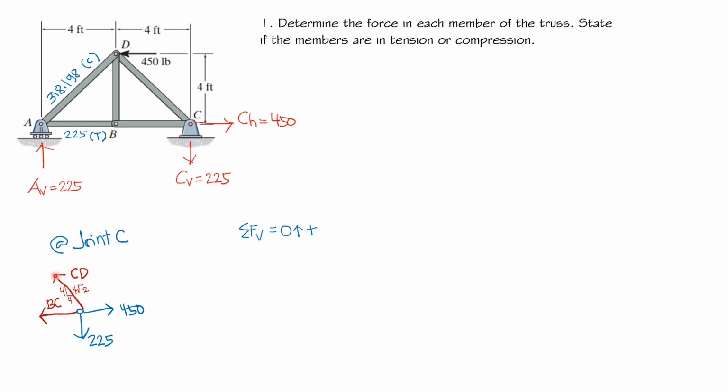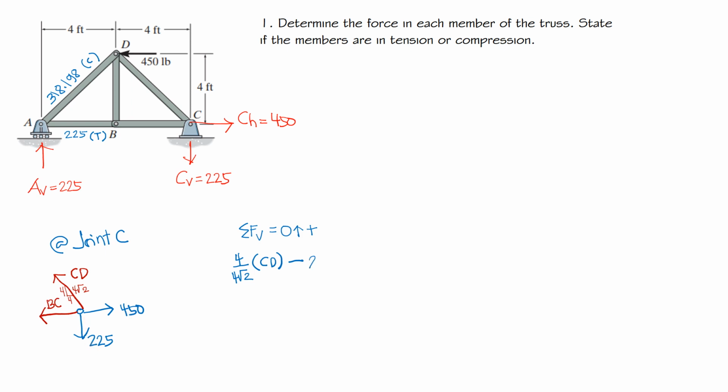To get the vertical component, we use the slope. Since it's going up, this is positive. That becomes positive, the slope, 4 over 4 square root of 2, multiplied by the member CD, minus 225, because this vertical force is going down, so it's negative.